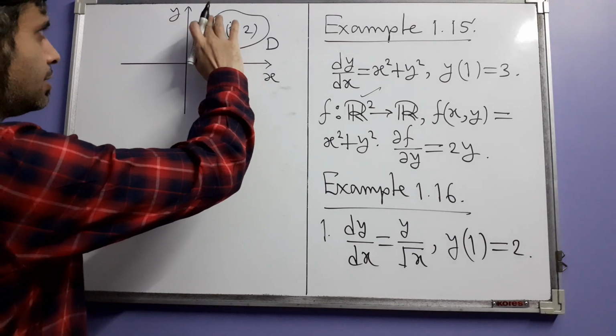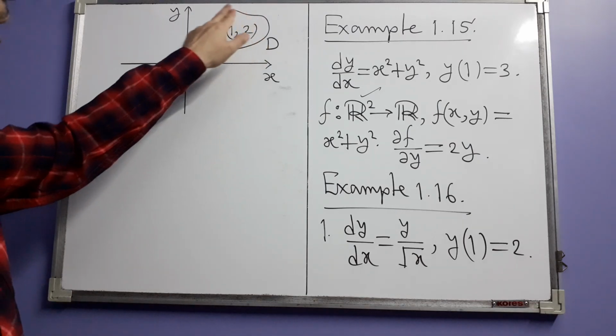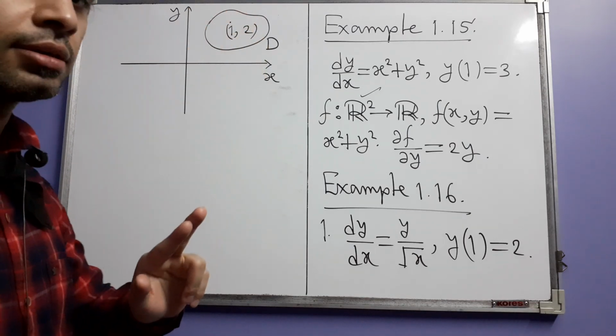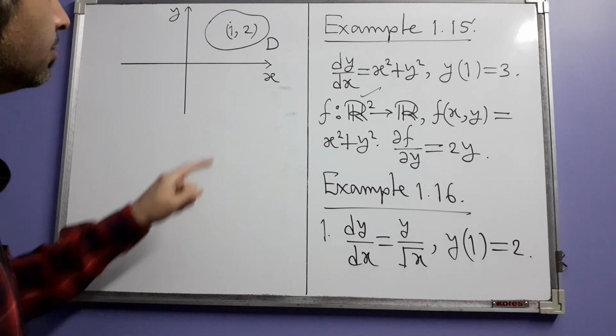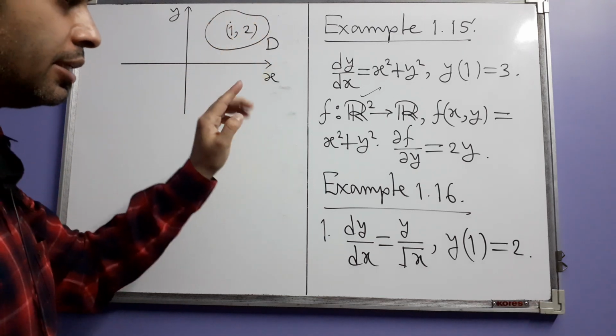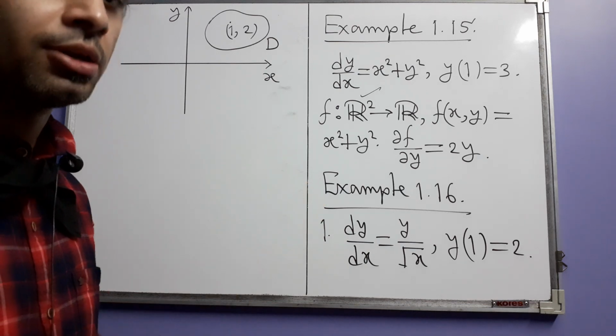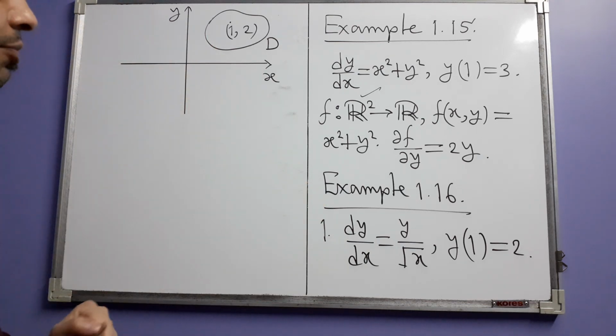You can see in this figure itself that this is a connected subset in R2. You just assume that the boundary is not a part of the set, like what you have in open balls. So this is that type of set, then it will be a domain.